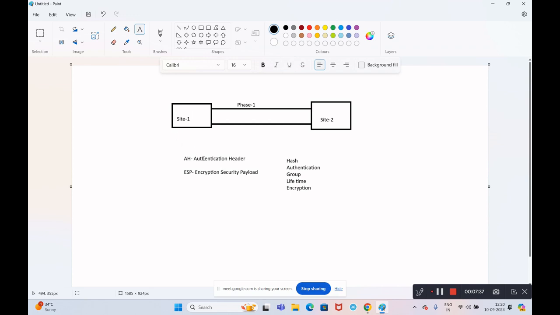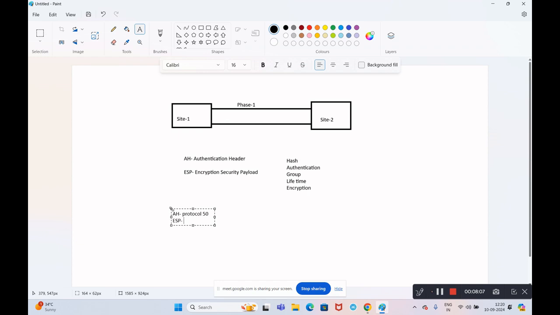What is the authentication header and what is ESP? We can learn about it now. We call them protocols, right? These two protocols have protocol numbers. The authentication header uses protocol number 51, and ESP uses protocol number 50.